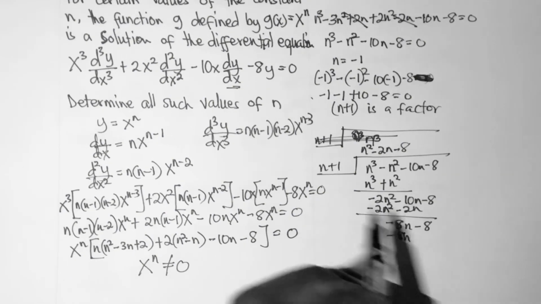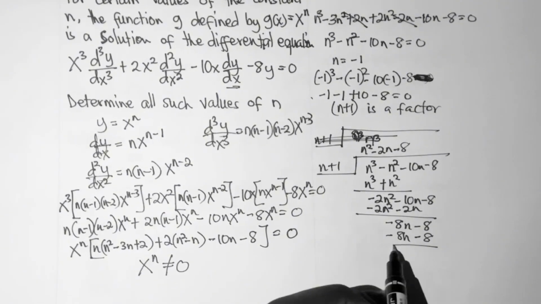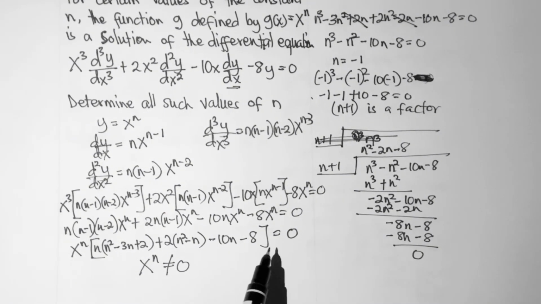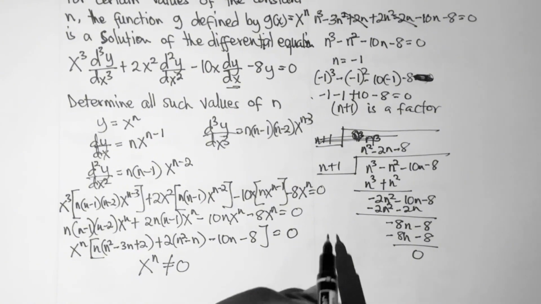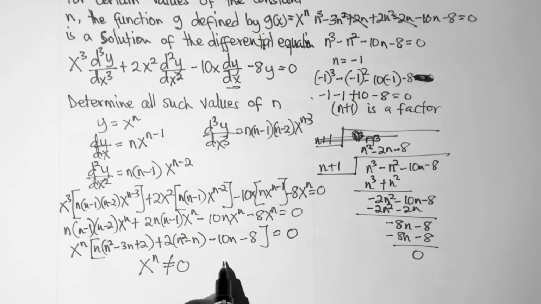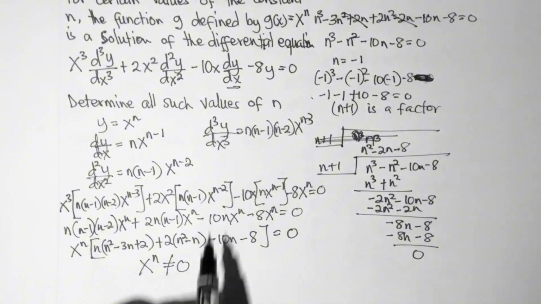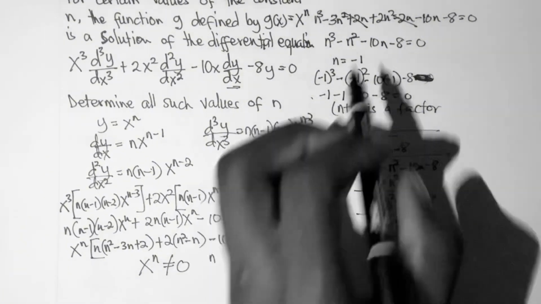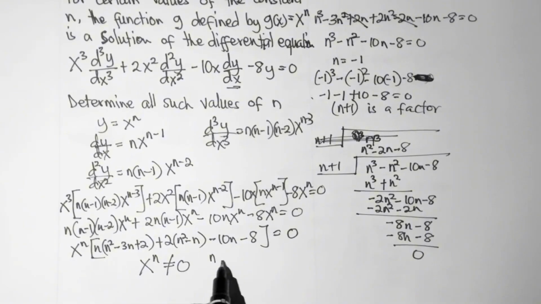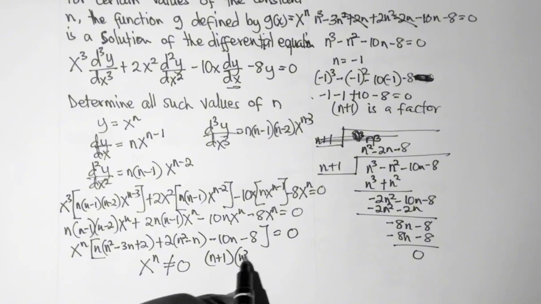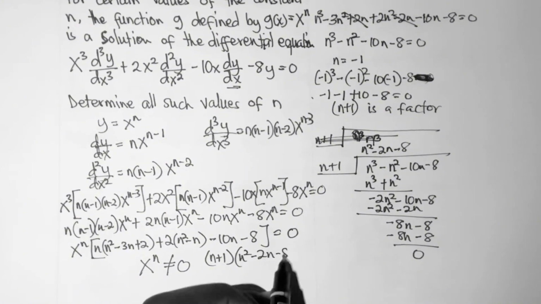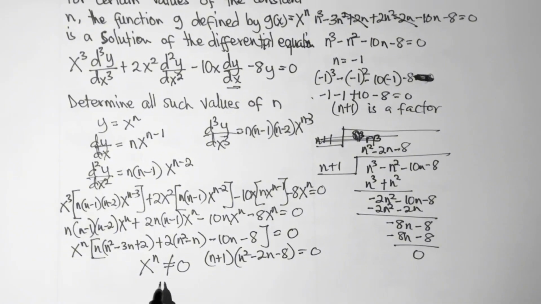Then minus 8 times 1 is minus 8. So this will evaluate to 0. So it means that this polynomial becomes n plus 1 then times n squared minus 2n minus 8 equals 0.